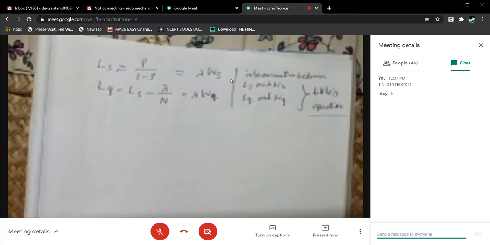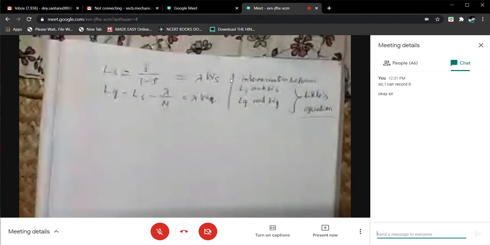These relationships connecting them are called Little's equation. So let us discuss it with a small easy problem.